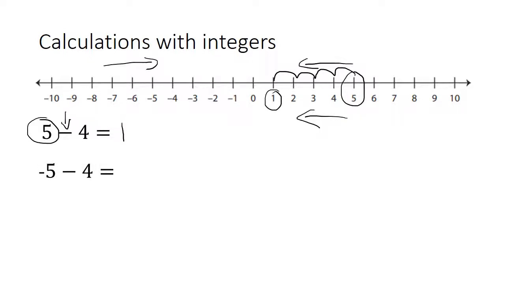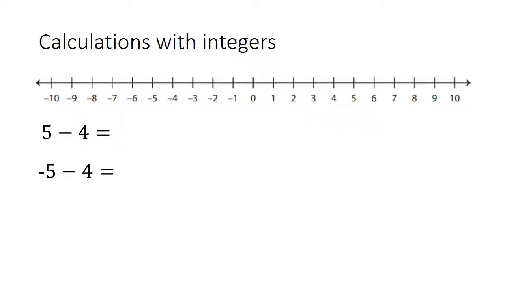Let's have a look at another example. Over here we've got minus 5. And it works exactly the same. We just started at a different place. We have to look on our number line where our minus 5 is, and it's over here. And remember, it's a subtraction, so we have to go that way on the number line.